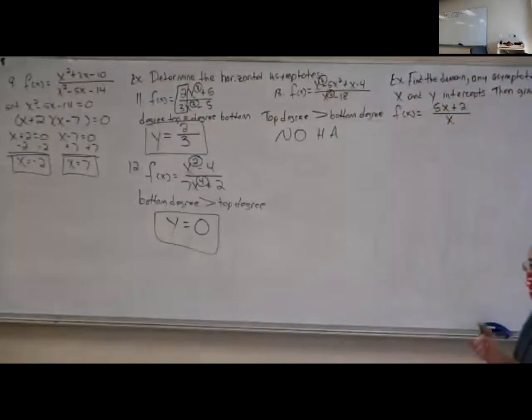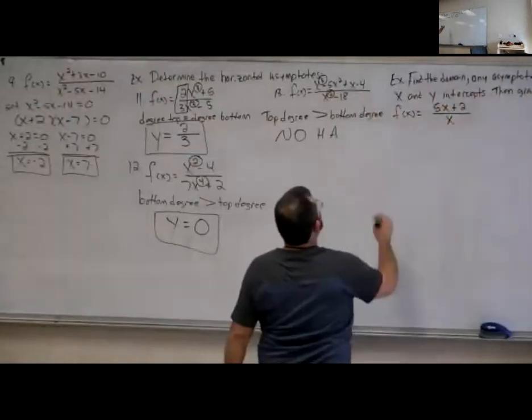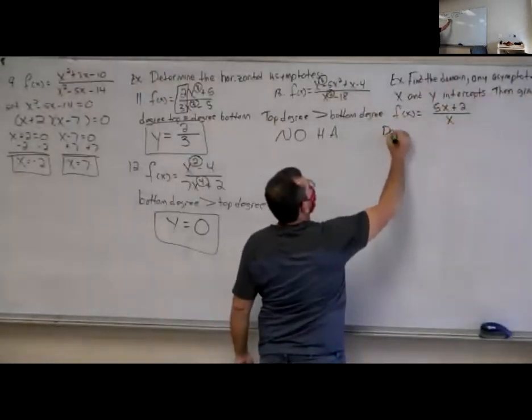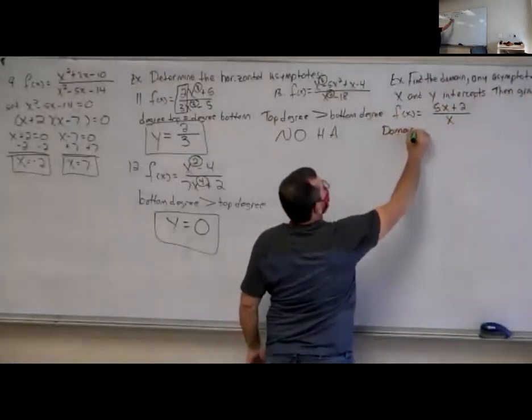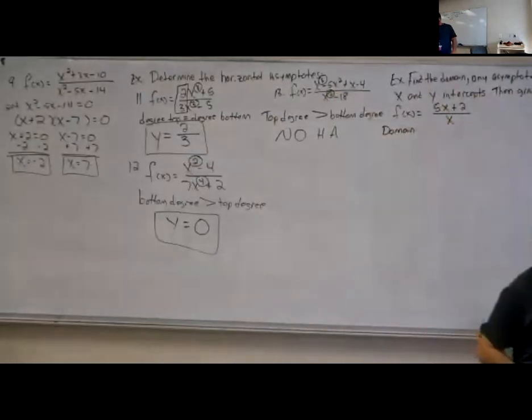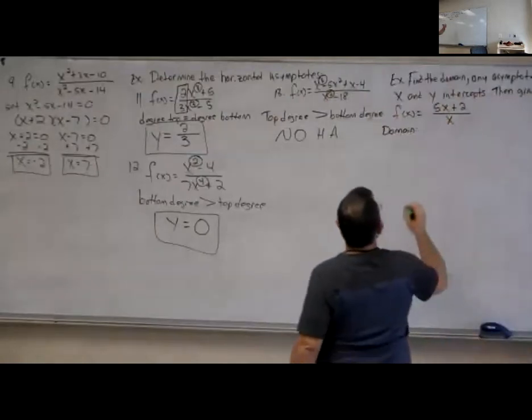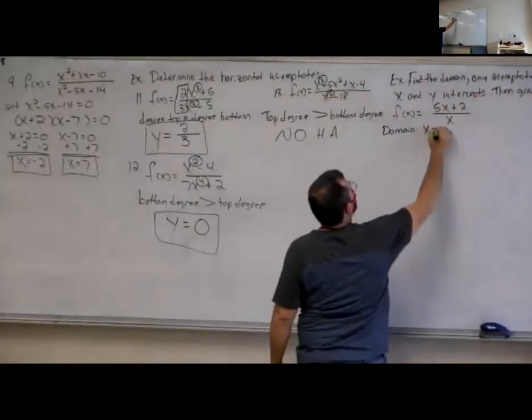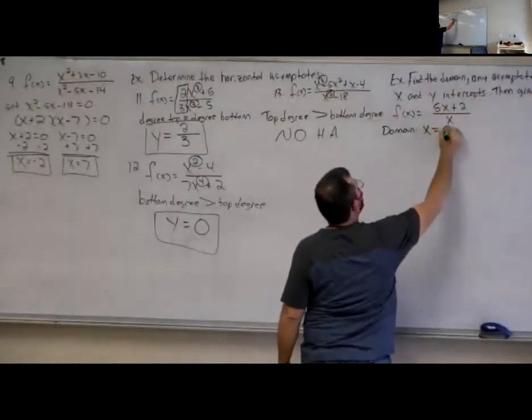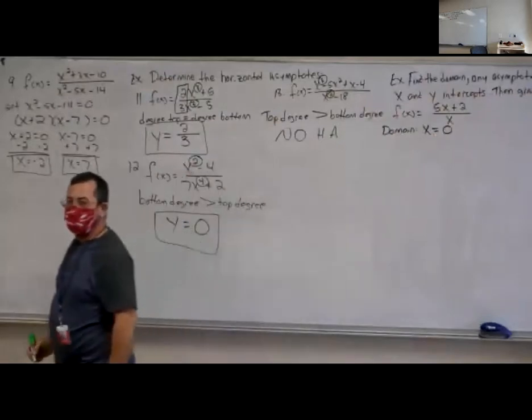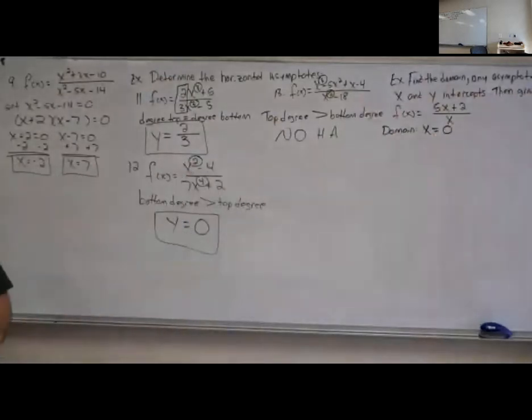All right, so first, I want to find the domain. The domain looks like interval notation with the infinities. To find that domain, I'm going to take that bottom, which is the x, and set it equal to 0, which means the only number that I cannot have in the bottom of this is a 0.